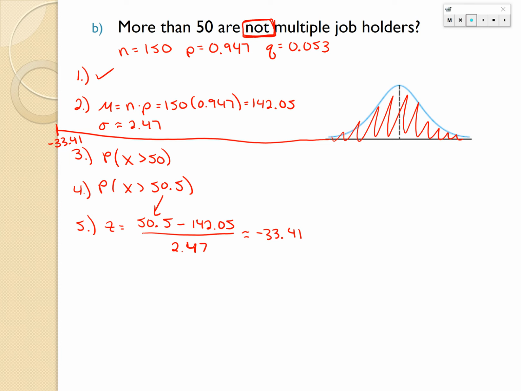So how do we handle it for number 6? Now, in your calculators, if you're a calculator person, you enter this in and you get 1. But just remember, we have to think about our property. This distribution never touches the x-axis, so there's never a point where it completely shuts down.